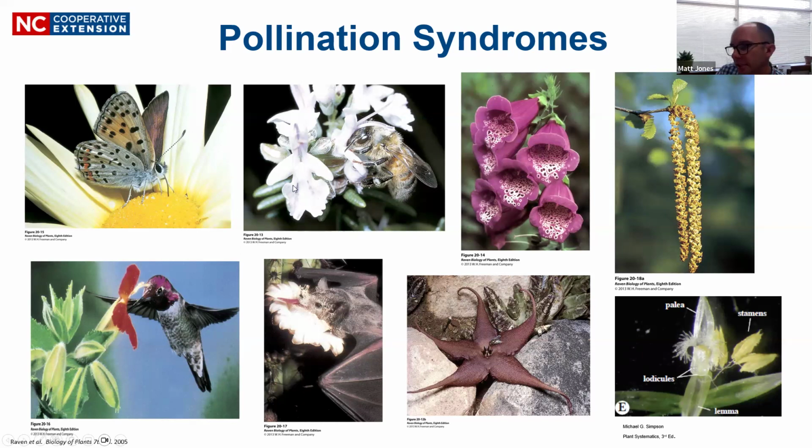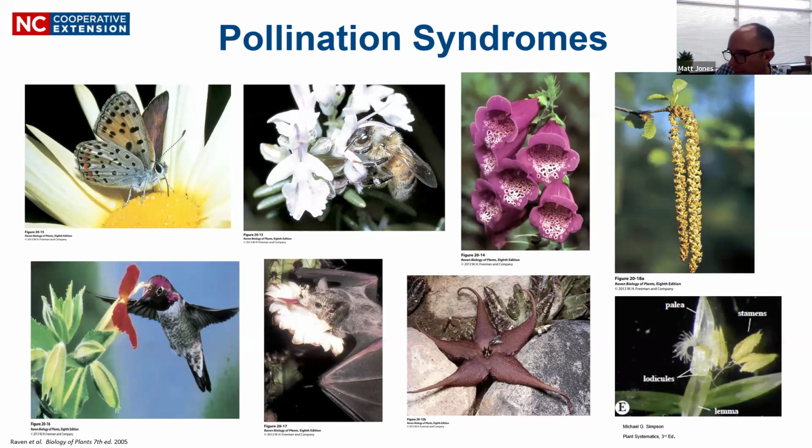So, for example, hummingbird-pollinated flowers tend to be tubular, they tend to be red. Birds see like we do in their color vision, so they see red easily, and the tubular structure is well suited for their long beaks. But there are still other insects that take advantage of that as well.